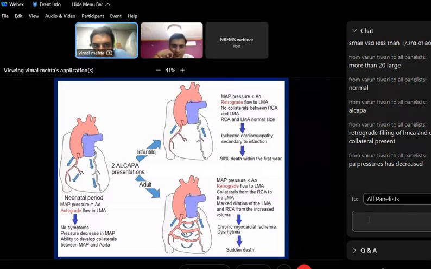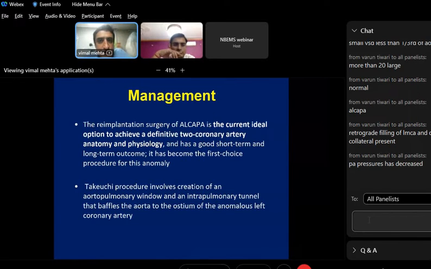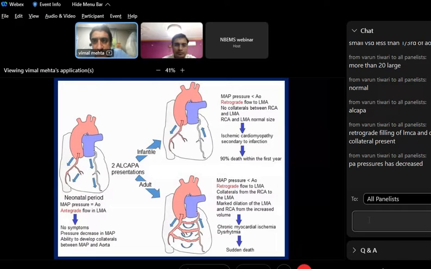So those kind of natural history are always asked for tetralogy of Fallot, VSD and all that. So 90% death rate within first year, mainly because of the dysfunction. So what is the management? What is the management as per you people of these patients?